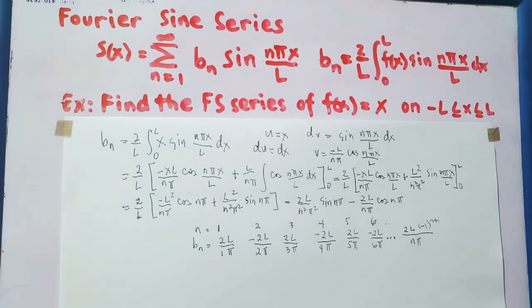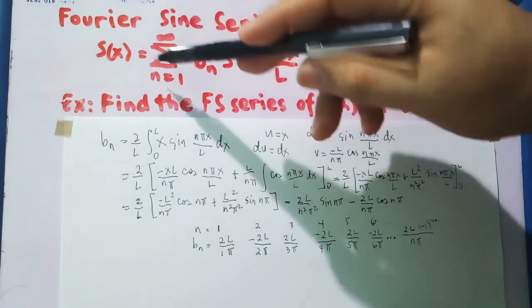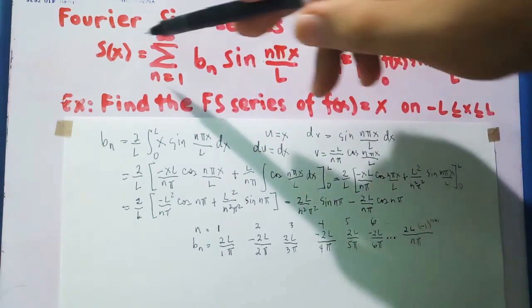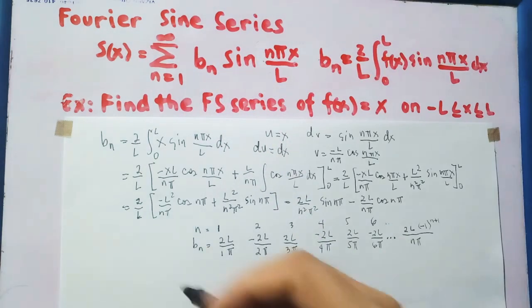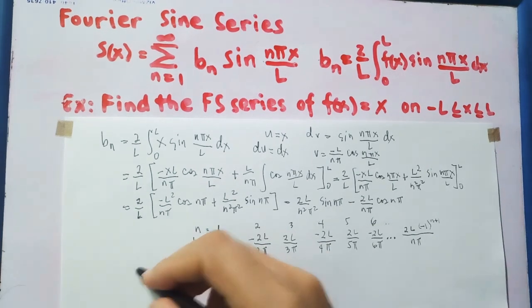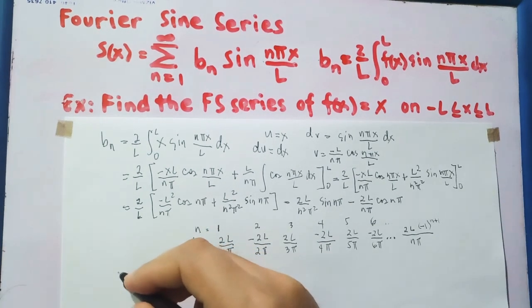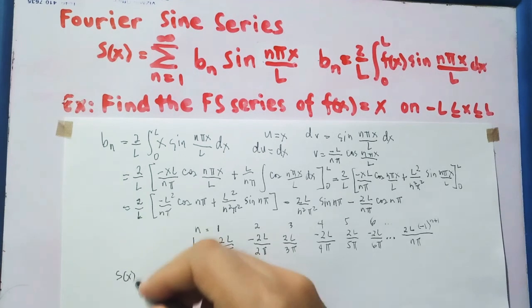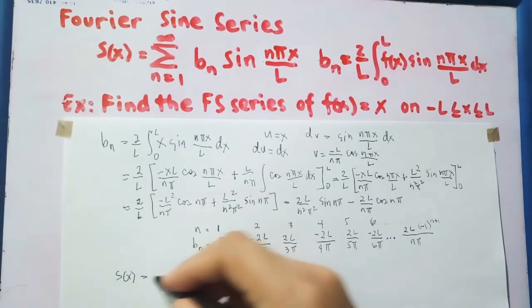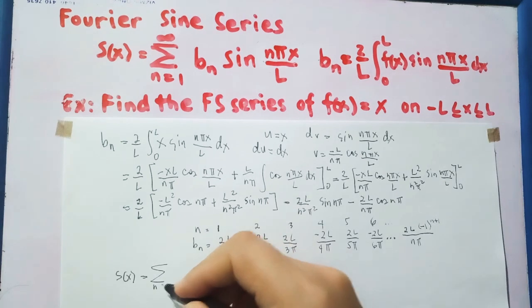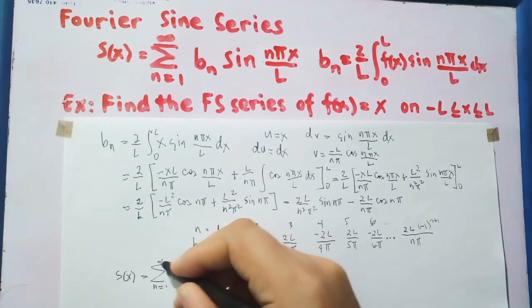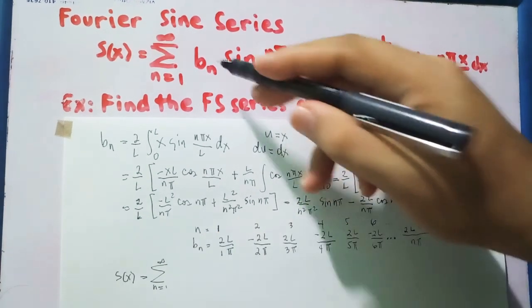Okay, sine coefficient b sub n. Therefore, going back to our Fourier sine series, we have S of x equals this one. So I will write this one again. That is S of x, which is equivalent to the summation of n from 1 to infinity of b sub n.